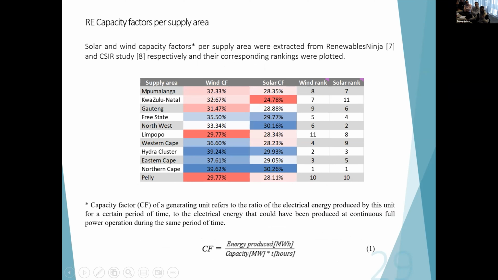And for wind, we're using the 2012 CSIR and ESKOM data. We're basically ranking each of these based on the percentage of capacity factors. And based on this rank, we allocate how much capacity would go into individual supply areas.